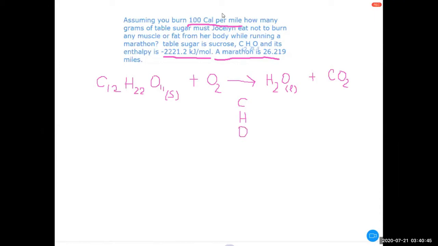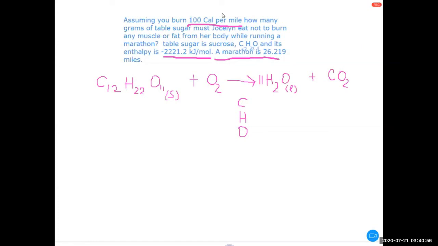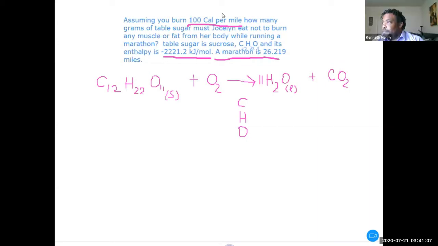11 in front of the H. You said 11? Yeah. Okay. Would it be a 12 in front of the CO2? Okay. And that's 20.